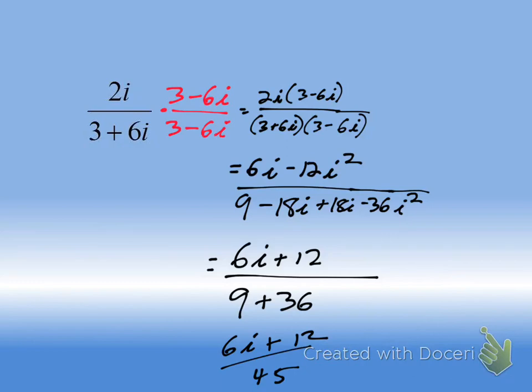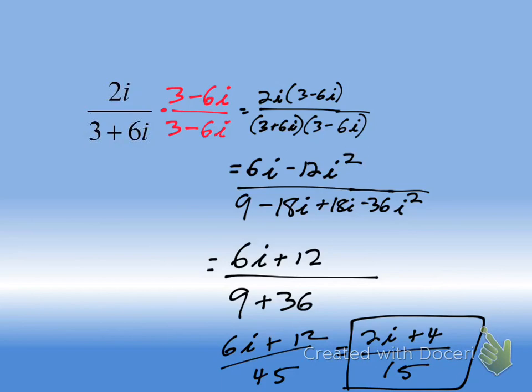I don't think 6 goes into 45. So you got to go by 3. But everything's divisible by 3. See that? 6, 12, 45. So divide everything by 3. So you get 2i plus 4 over 15. And that's a good answer, kids.